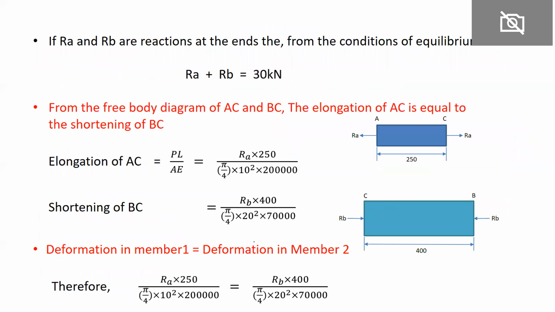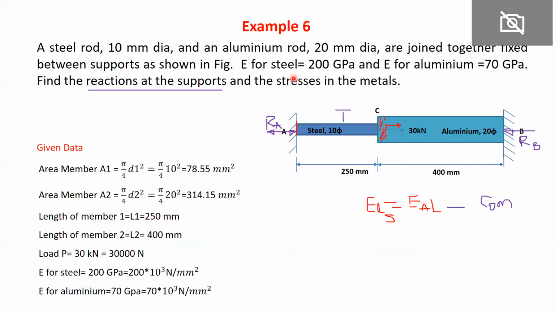Now here, first apply the equilibrium equation. If RA and RB are the reactions at the ends, I have already shown in the previous figure, from the conditions of equilibrium, RA plus RB is equal to 30 kilonewton. You can see here RA is acting towards the left, RB is also acting towards the left. These are acting in one direction, and this 30 kilonewton is acting in the opposite direction.